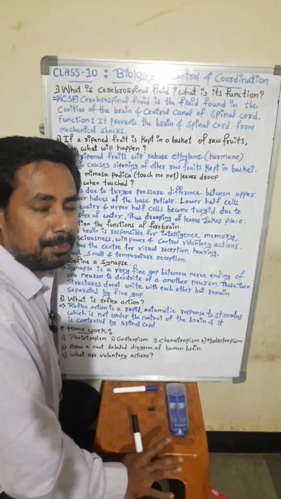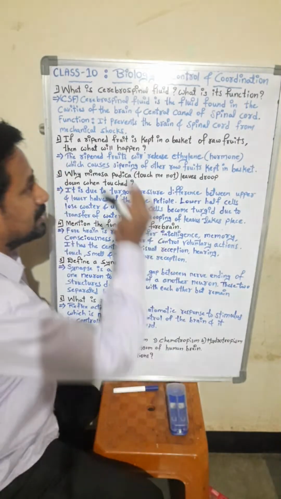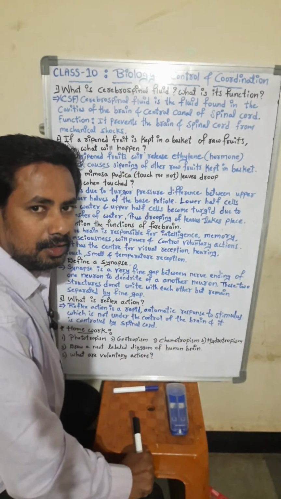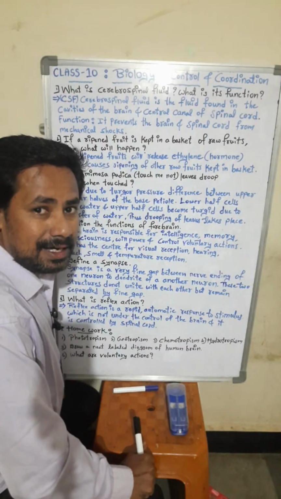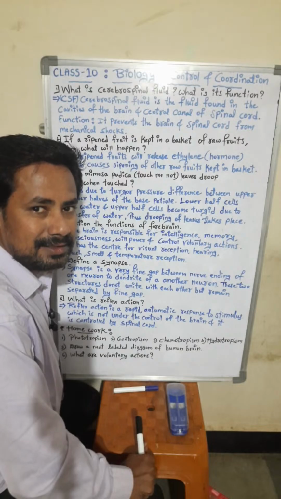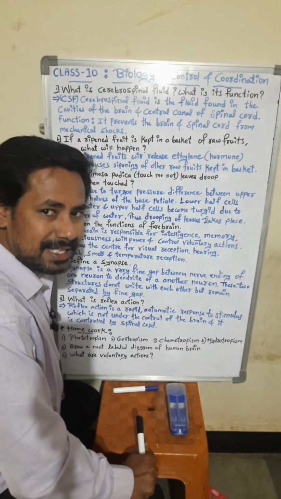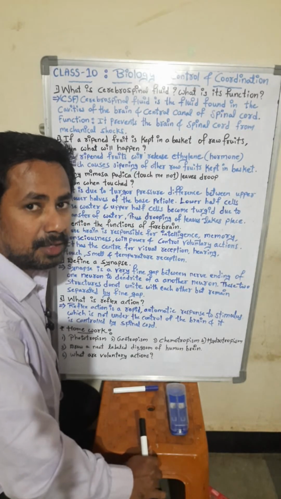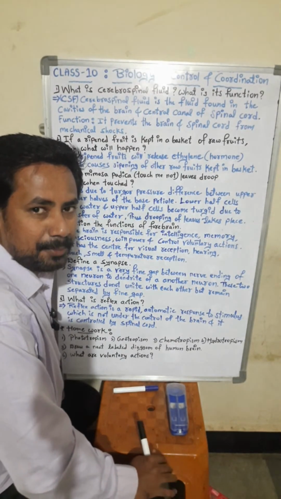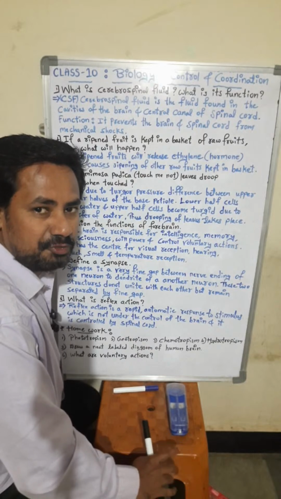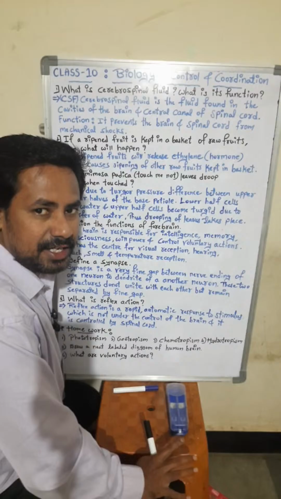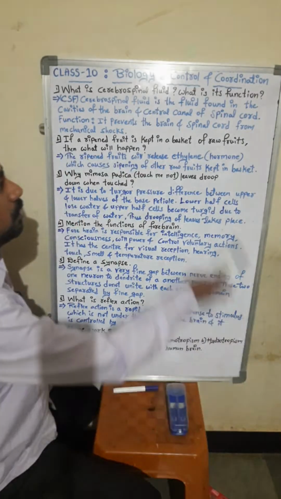CSF acts as a shock absorber. Like airbags in cars and vehicles protect us, in the same way CSF protects us as a shock absorber. Is it clear? CSF is the cerebrospinal fluid present in the cavities of the brain and central canal of the spinal cord, and its function is to protect from mechanical shocks.